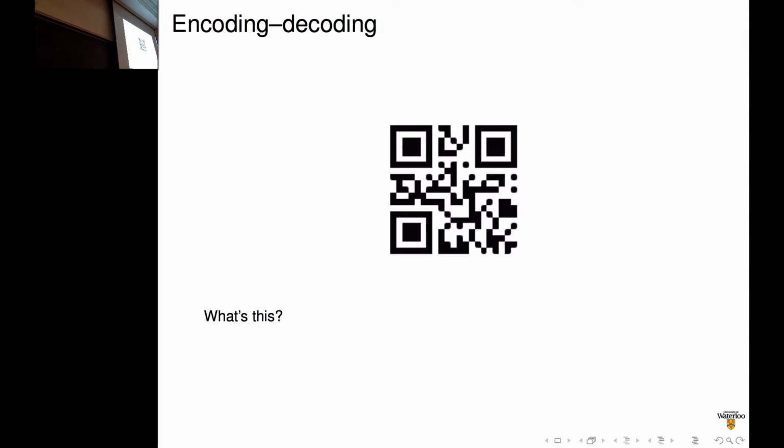Anybody know? It's a QR code, right? You've seen that sort of thing before. What's it tell you? Anybody recognize it? It's not telling you a whole heck of a lot, right?